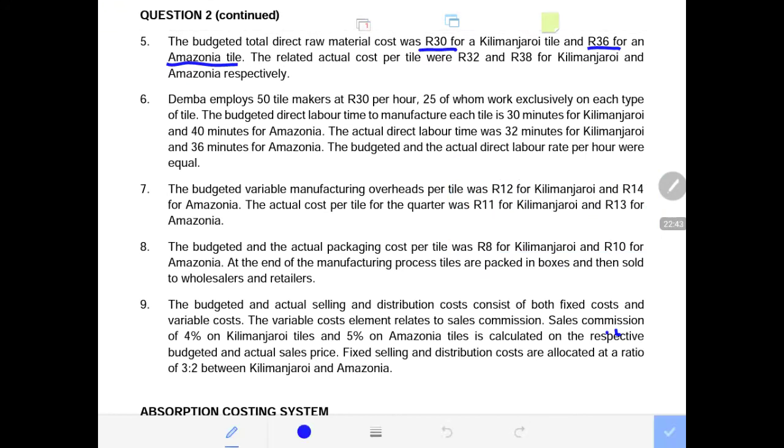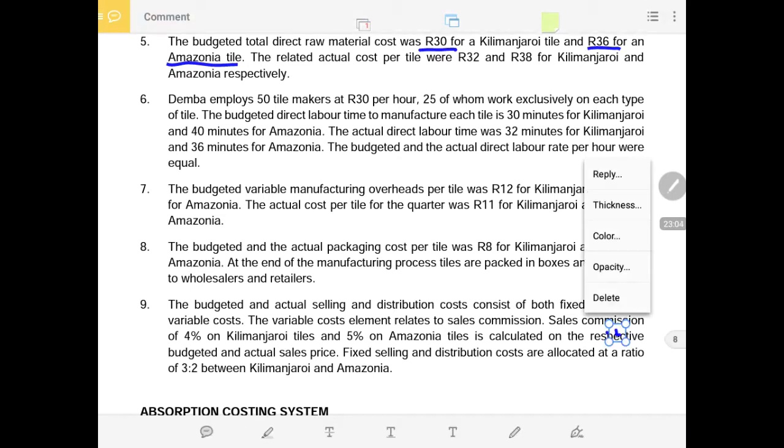Then we go to number 8. Number 8 says the budgeted and the actual, meaning in this case we have both of them in one sentence. The budgeted and the actual packaging cost per tile was 8 rand for Kilimanjaro and 10 rand for Amazonia, meaning what they budgeted was the same as the actual data.